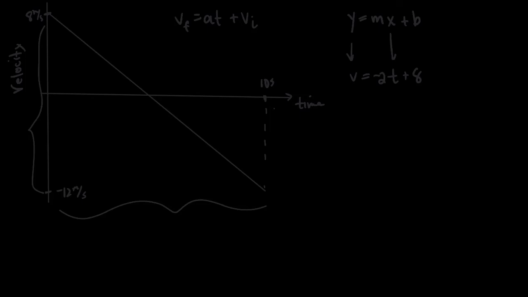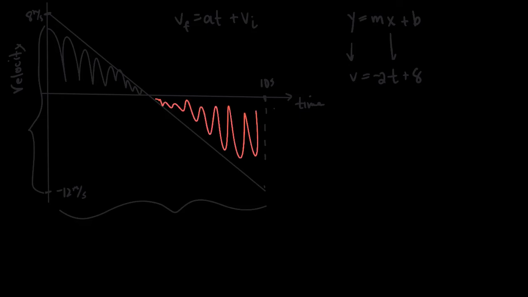Distance is how far the object has traveled. If I want to know how far it traveled, I probably need to separate out the times it was traveling forward from the times it was traveling backwards, because displacement doesn't take that into account.